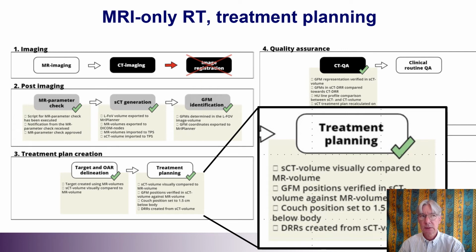The couch by itself doesn't present any MR signal, so that is lacking in the image. So we need to account for that and change the setting to 1.5 centimeters below body. And we also create the DRRs from the synthetic CT volume.